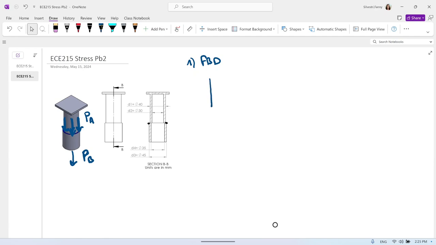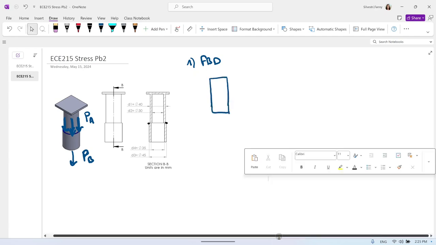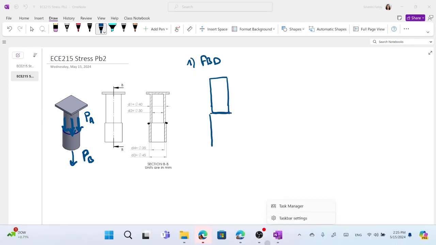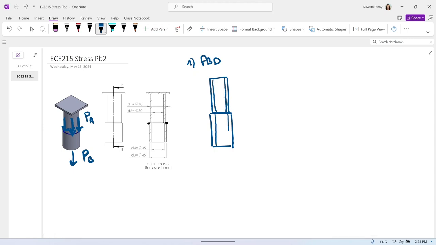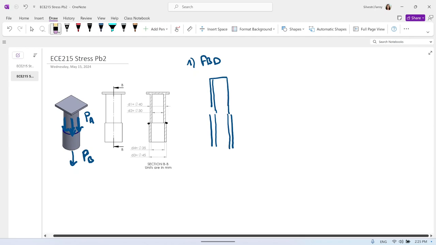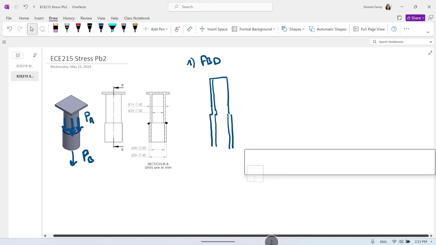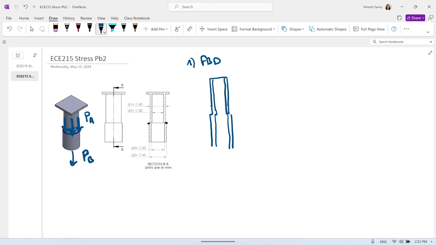We have the smaller pipe on the top and the larger pipe on the bottom. So it looks like this.